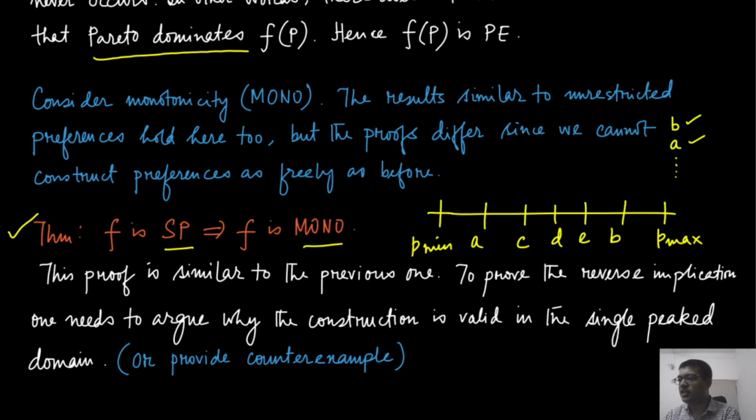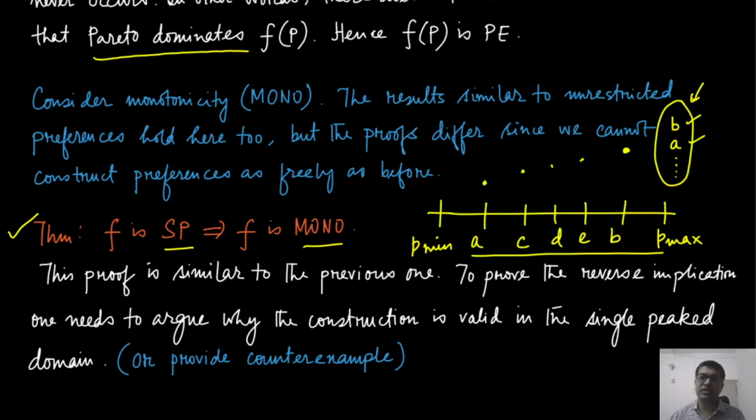There could be a preference where B is preferred over A, but then C, D and E should follow a particular pattern. So I cannot construct a preference which has B right above A with nothing in between, because that preference does not live in this single-peak domain.